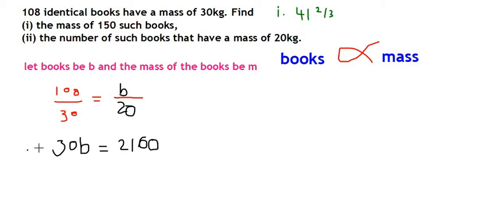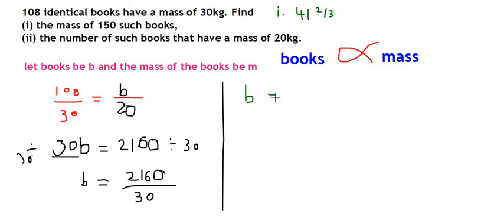Now we divide both sides by 30, so we get B is equal to 2160 by 30. When we divide 2160 by 30, we get 72. So if the mass is 20 kg, the number of books will be 72.